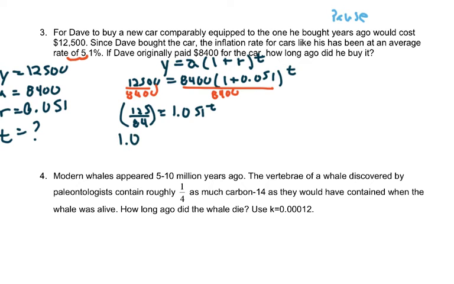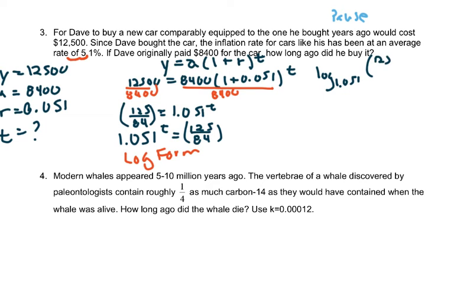So 1.051 to the t equals 125 over 84. And then I'll write it in log form. So log base 1.051 of 125 over 84 equals t.